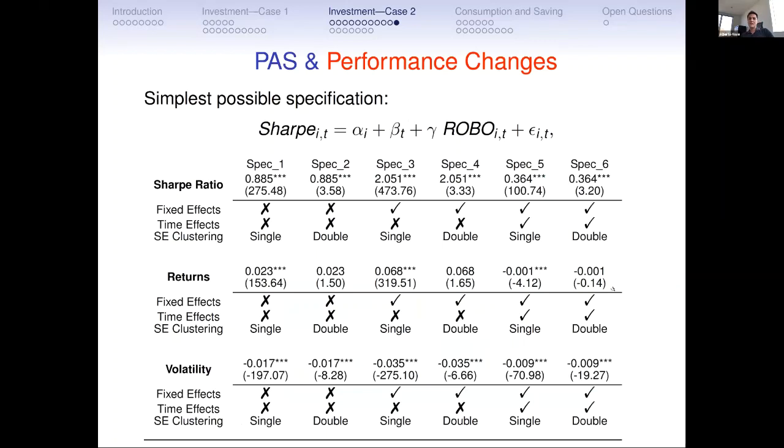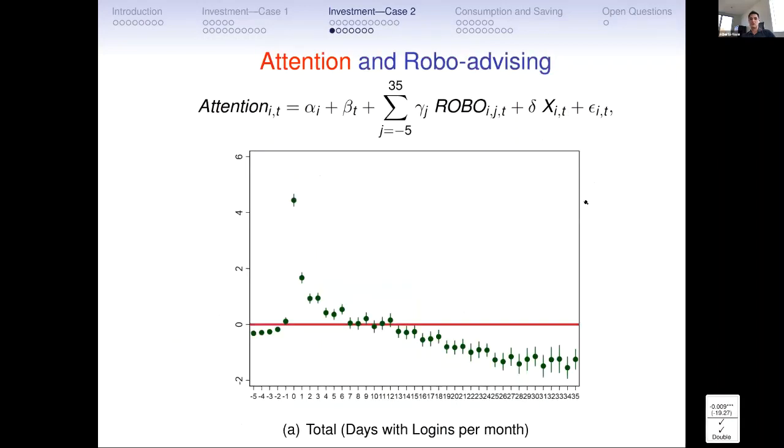Well, I don't have time to go through all the details, but it's going to come from volatility. You don't see any increase in returns, but you have a huge reduction in volatility. And this is why the realized Sharpe ratio is going to increase for these individuals.